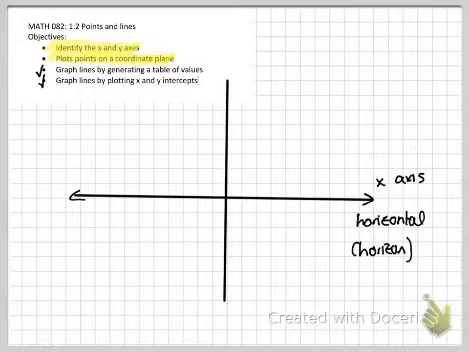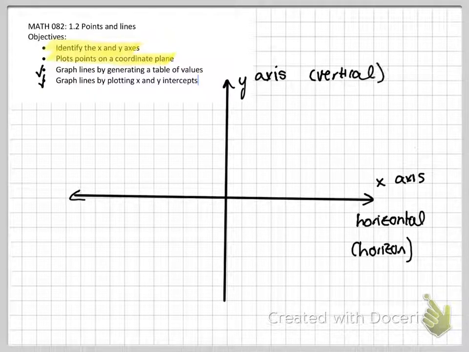So horizontal means horizon, so it's that flat line there, okay? The y-axis is also known as the vertical axis, okay, and it goes straight up and down. So that's really important. If you don't know which one is x and which one is y, it's going to be pretty much impossible for you to plot points or lines. Okay, so let's keep going.